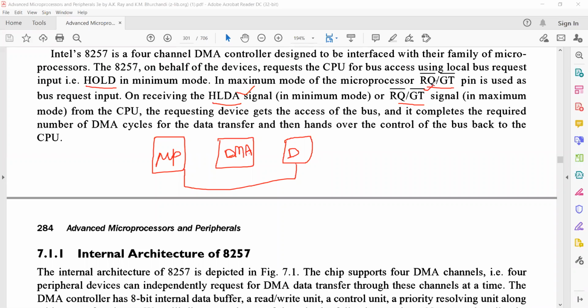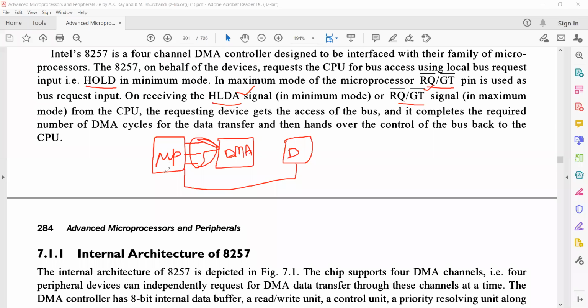Once these two signals are sent by the microprocessor, the bus system, the address bus, data bus, and control bus of the microprocessor, all the buses will be controlled by the DMA controller. So the microprocessor will not have any access to the bus system.